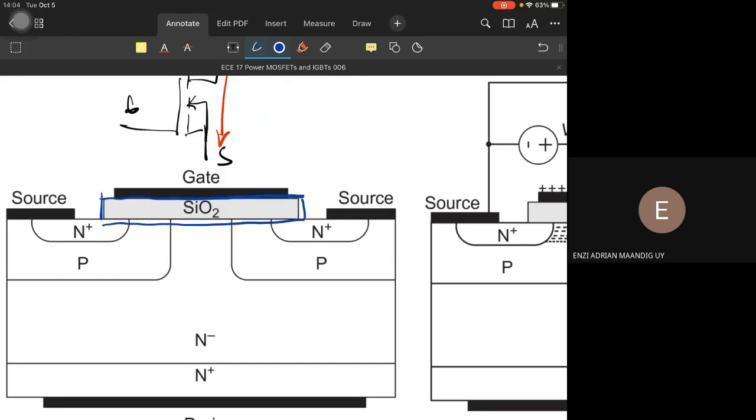So this insulates or separates the gate from the semiconductor material.